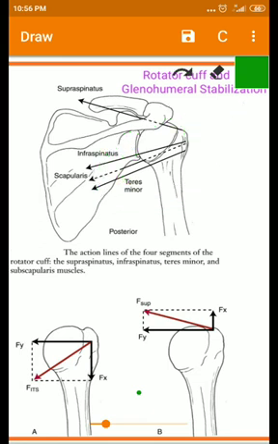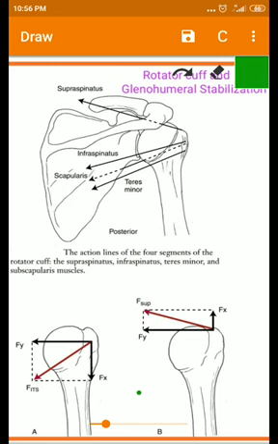That means here we get an almost pure rotation of the humeral head on the stable axis. With minimal translations, that means during rotation it will not move forward and backward, and the rotation is perfectly maintained because of this rotator cuff muscle action along with the deltoid.